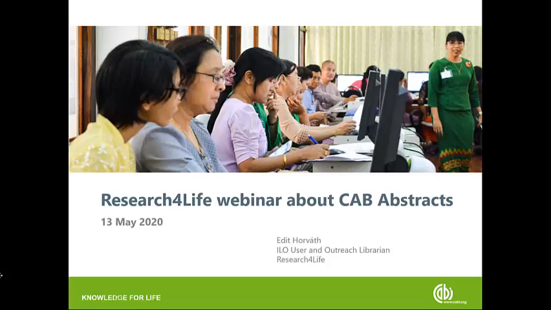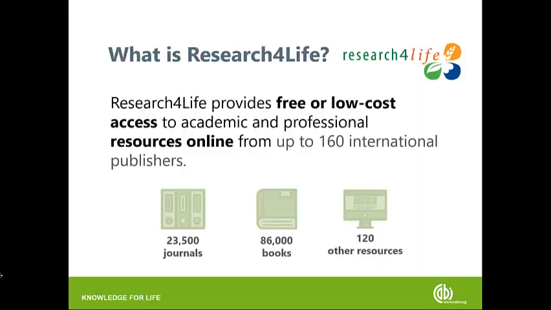Welcome to everybody. Just a short introduction, what is Research for Life? Research for Life provides free or low-cost access to academic and professional resources online from about 160 international publishers, scientific and academic publishers.